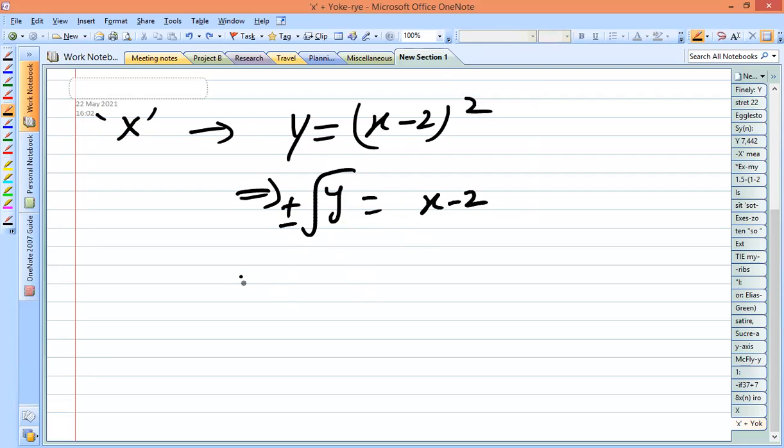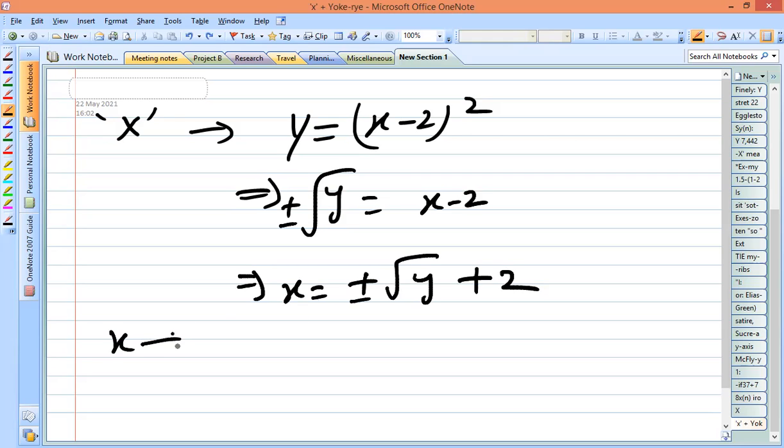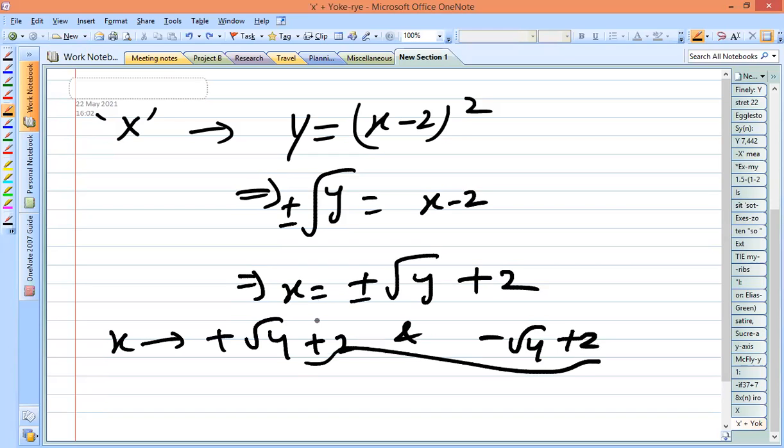So we can write x is equal to plus or minus root y plus 2. So here x takes the value plus root y plus 2 and minus root y plus 2. This is the range where the independent variable x will be taking the value.